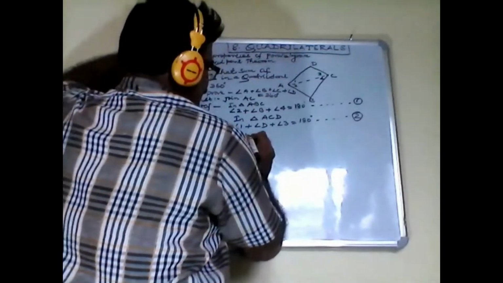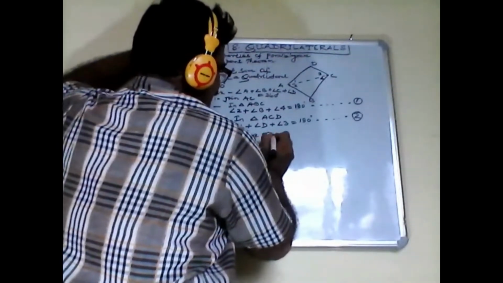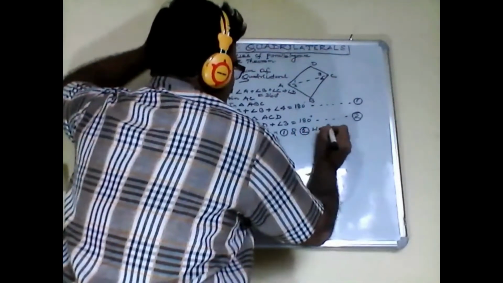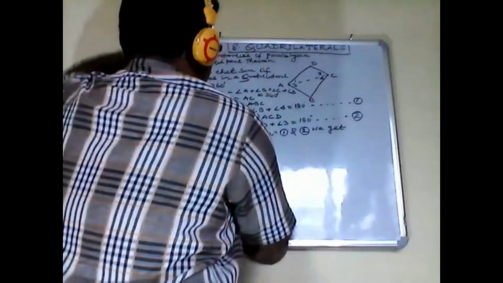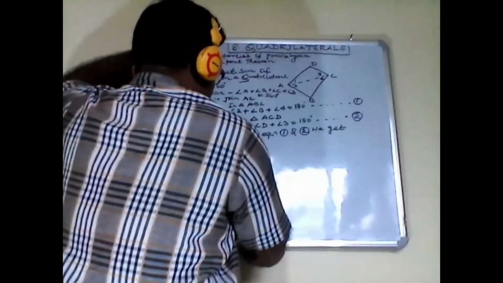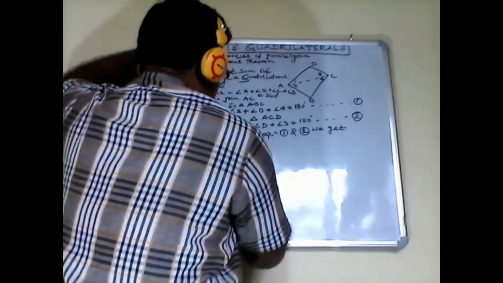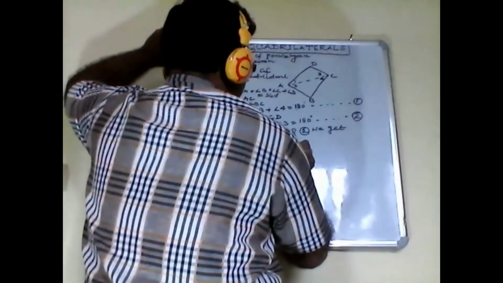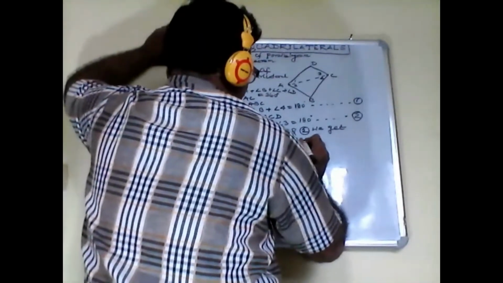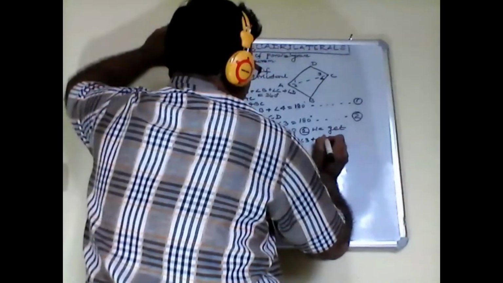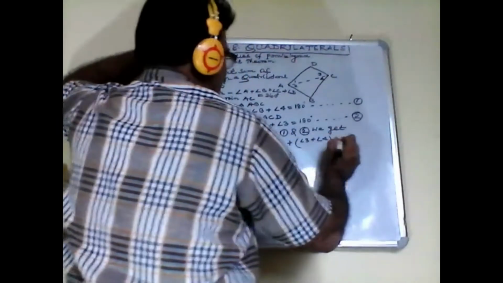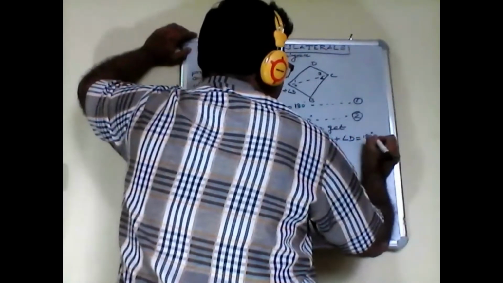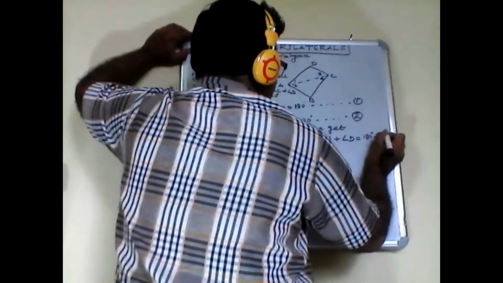Adding equations 1 and 2, we get angle 1 plus angle 2 plus angle B plus angle 3 plus angle 4 plus angle D, that will be 180 plus 180.